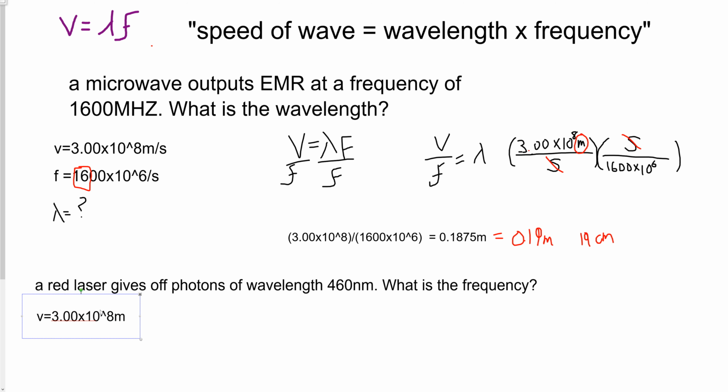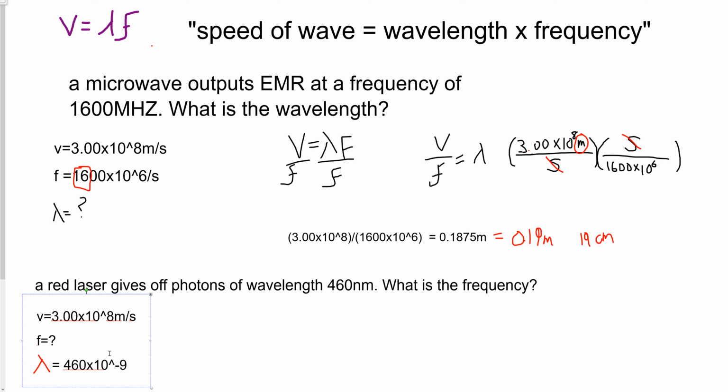Our frequency is, I don't know. And our wavelength, I have to draw a little lambda here because I'm not fast enough with typing it. So our lambda equals 460. And if I want a nanometer, I'm just going to go times 10 to the minus 9. That's what a nano is.